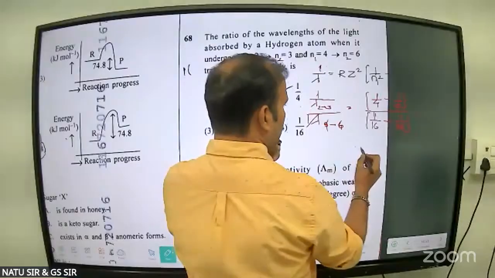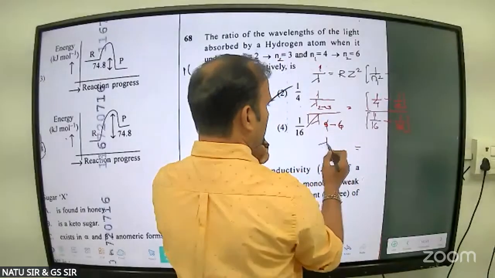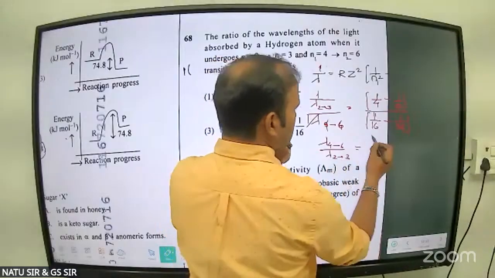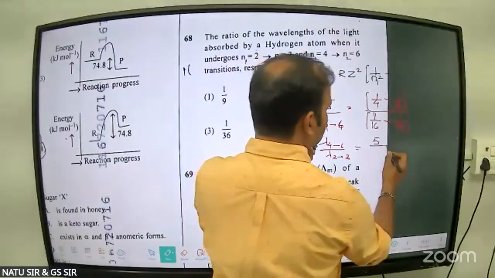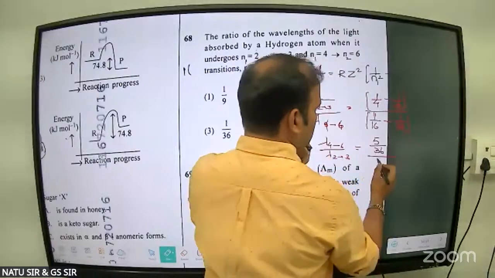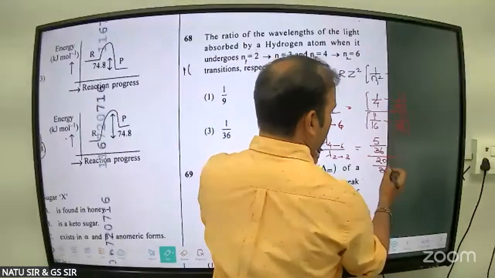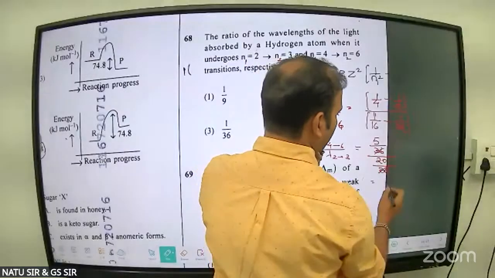This is going to be 5 upon 36 divided by 36 minus 16 is 20 upon 36. 36 cancel. This is going to be 1 upon 4.